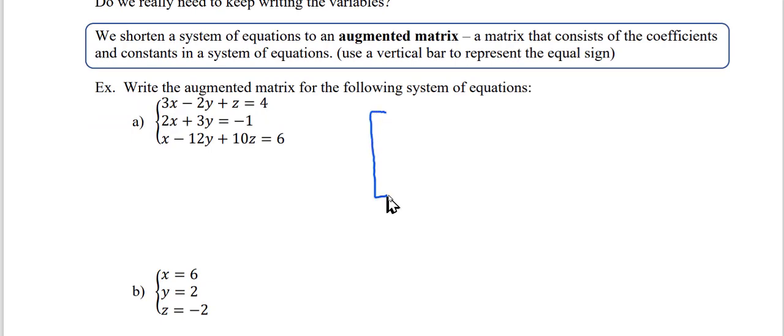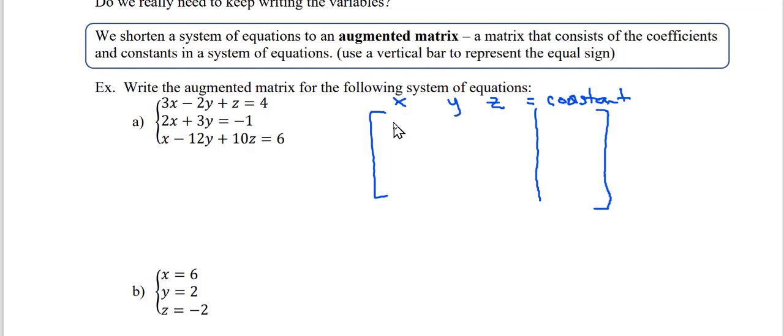We are going to write a matrix. It is going to have 3 rows because we have 3 equations here. It's going to have a column for the x's, a column for the y's, a column for the z's, and then a vertical bar that sort of represents the equal sign, and then the constant over on the right side of that vertical bar.